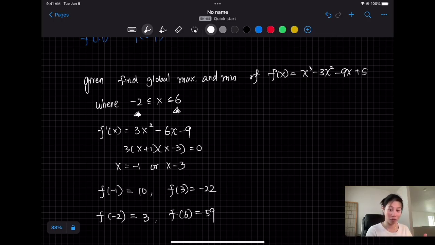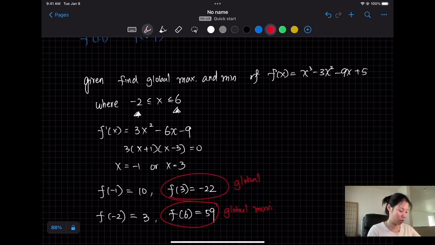So now with all of these numbers, we can easily see this is going to be my global maximum. And this is our smallest number, which is our global minimum. So one of the endpoints is our global maximum, and one of the critical points, which is the local minimum, happens to be our global minimum.